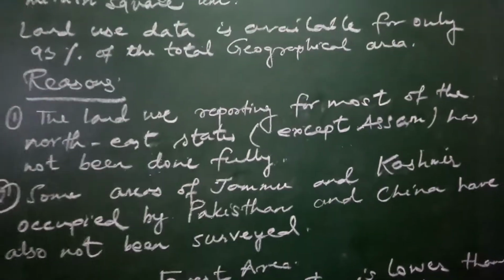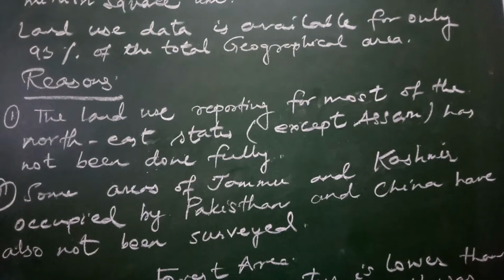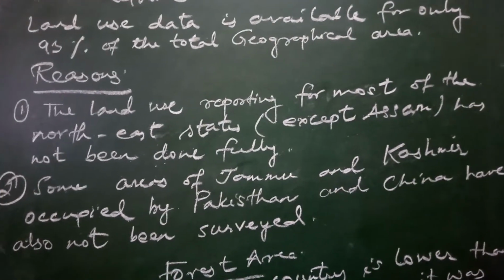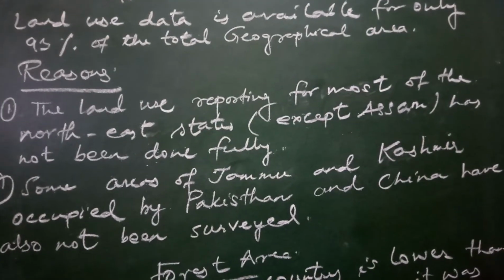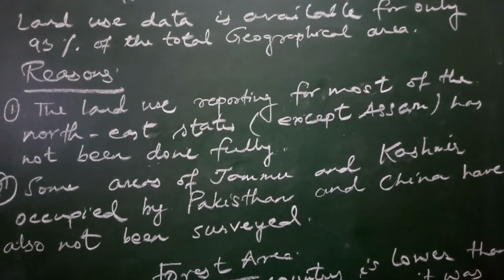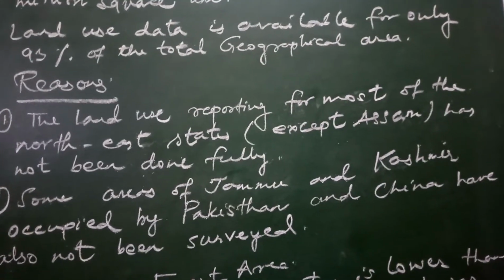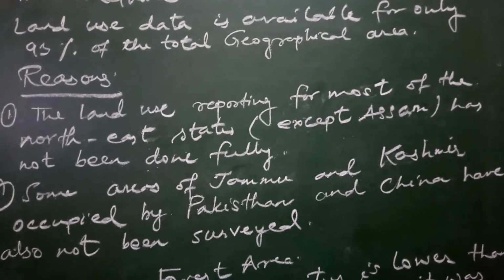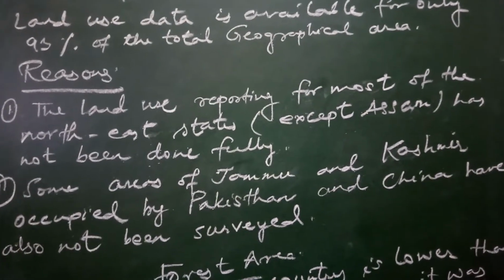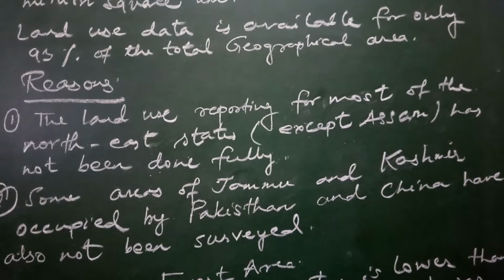What are the possible reasons for this? The first reason is that land use reporting for most of the northeastern states except Assam has not been done fully. It means the reporting of the purpose for which the land has been used.